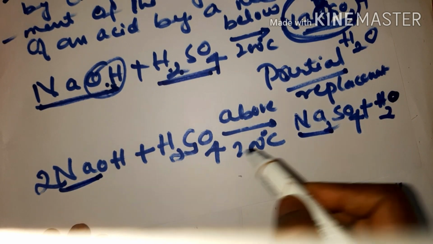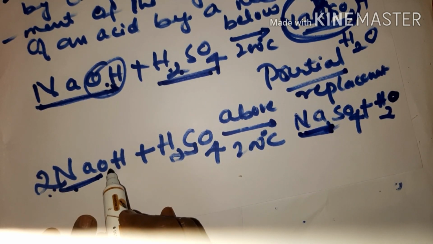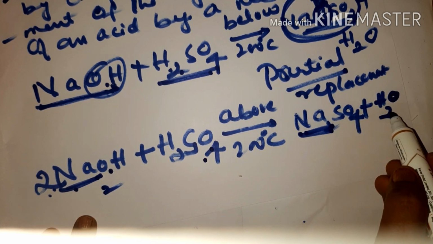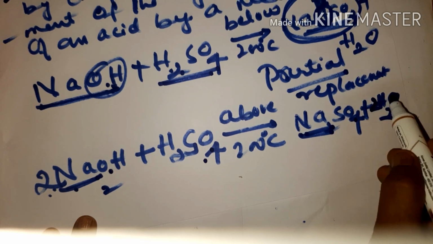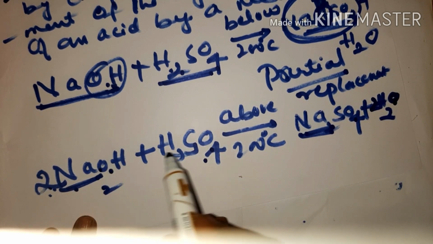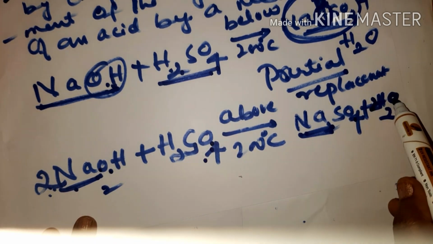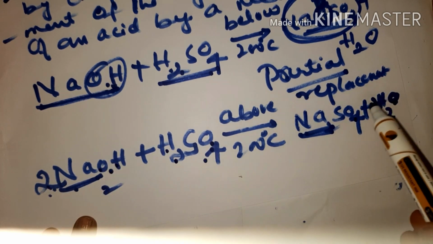O: here 2 and here 4, 6. You have only 1 O here, so make it 2. So 2O plus 4 is 6, and here 4 plus 2O is 6. How many H's are there? Here 2 plus 2, 2 2's are 4.